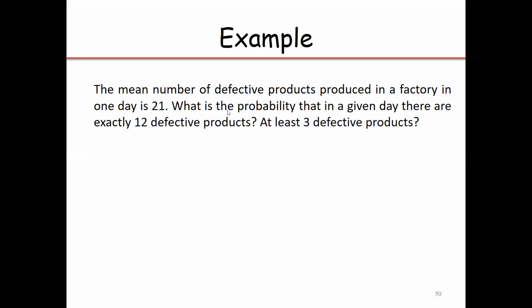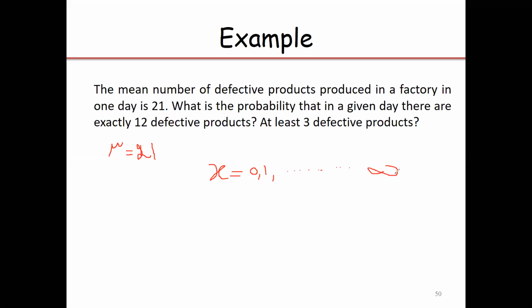This is a problem of this distribution. We have to solve it. A product is produced which is defective, and there may be an infinite number of defective products produced in one day. So these are all the possible values of the random variable x.